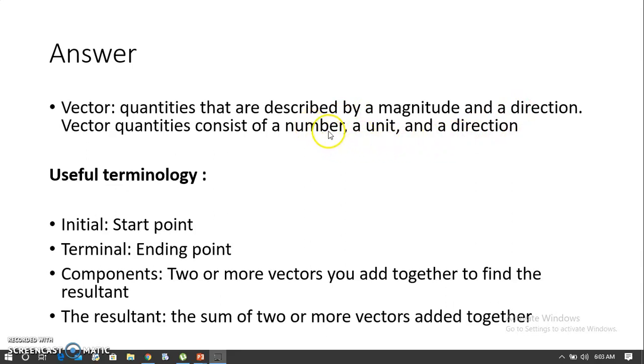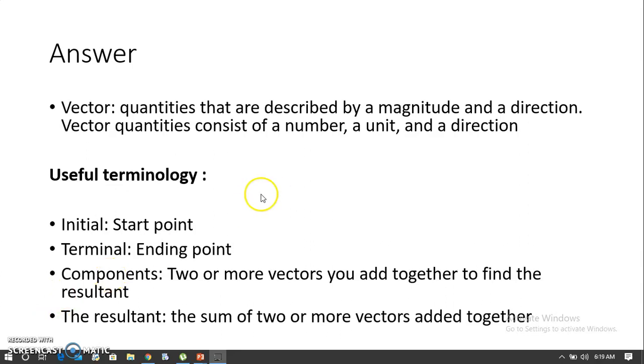But if I ask you what is your mass, you will say my mass is 65 kg. In this case, you have only a number and a unit, and you don't have direction. The reason is mass is a scalar and scalars don't have direction. So do you understand the difference between the two?